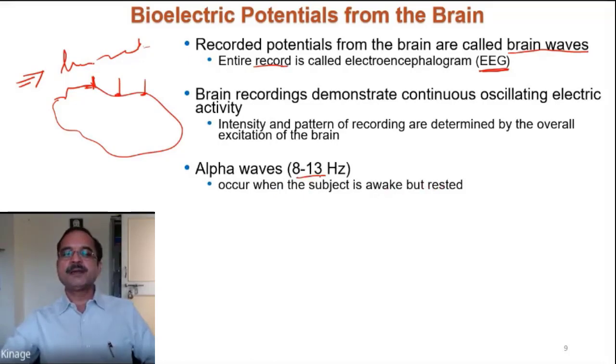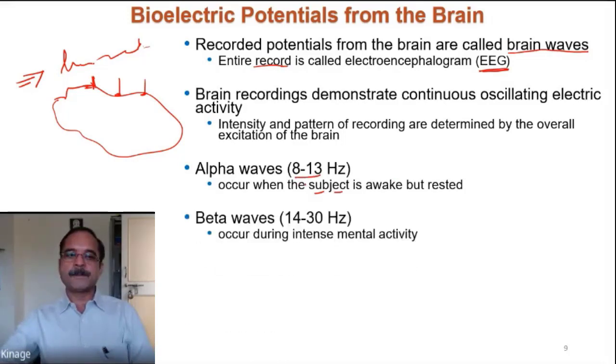Subject means, in this case, the person or the object which is being used for carrying out measurements. In medical terminology, it is called the subject. So when the subject is awake or under steady state, that means taking rest, our brain is taking rest, then the frequency range is 8 to 13 hertz.